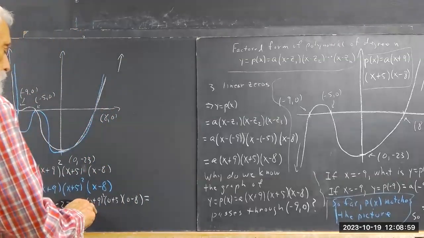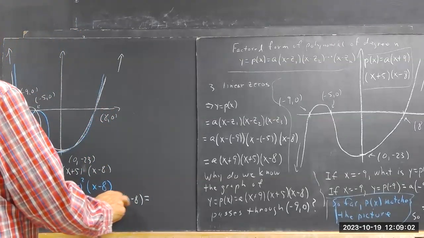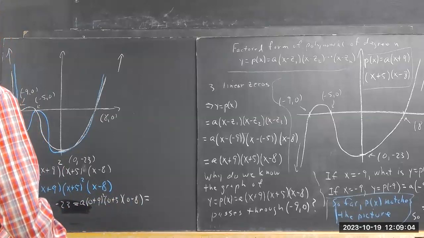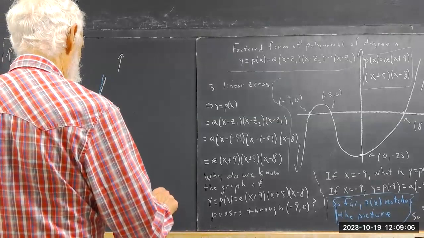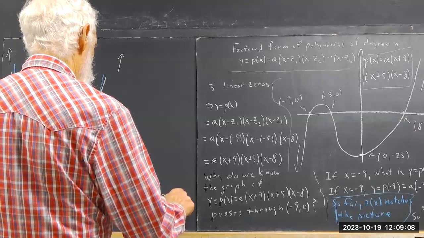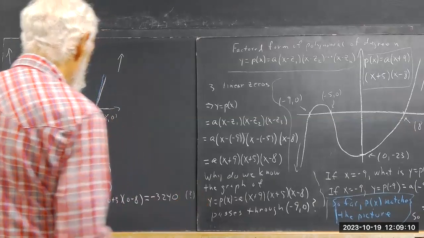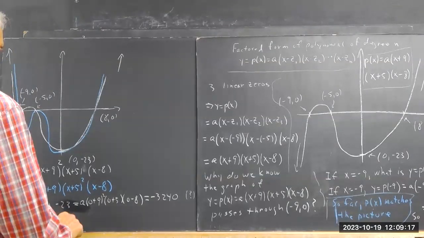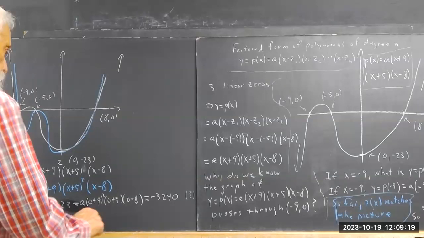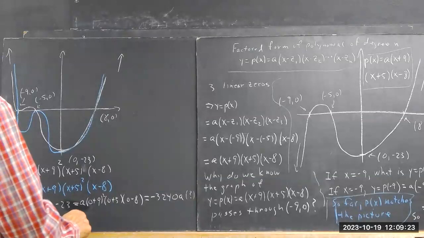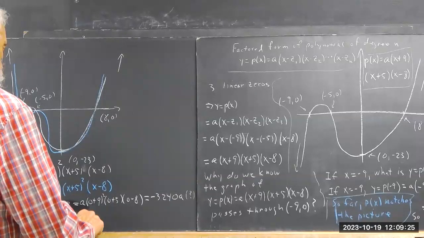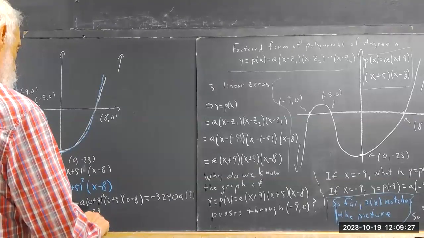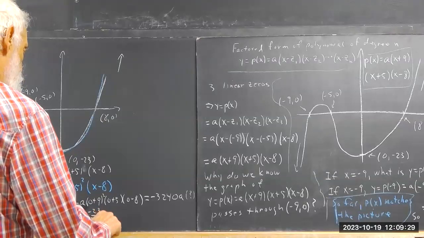Well, 9 squared is 81, that's 405, and that's 3,240. Little question mark there, I did that quickly in my head, okay? So a is -23 over -3240.